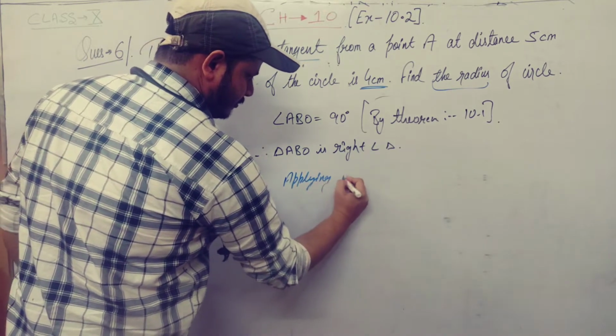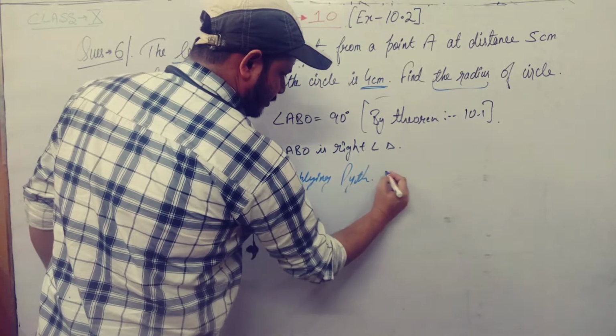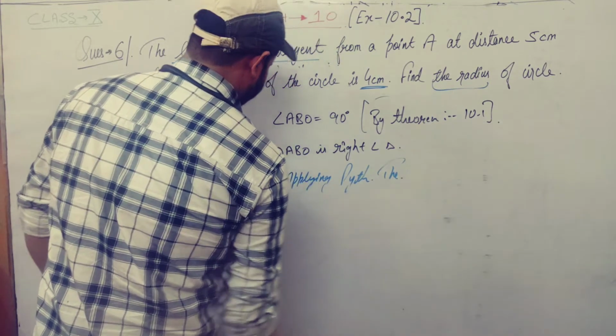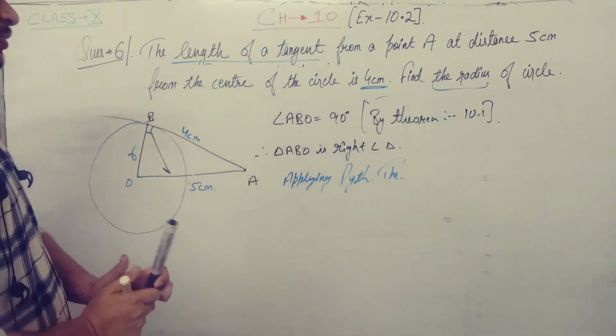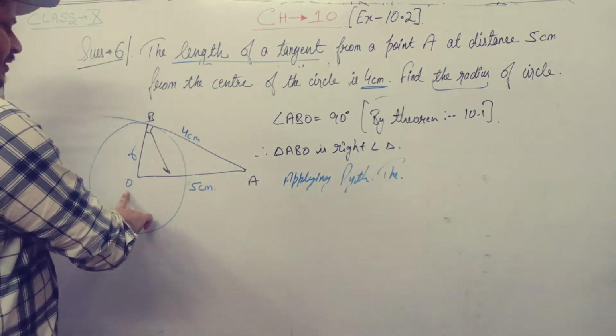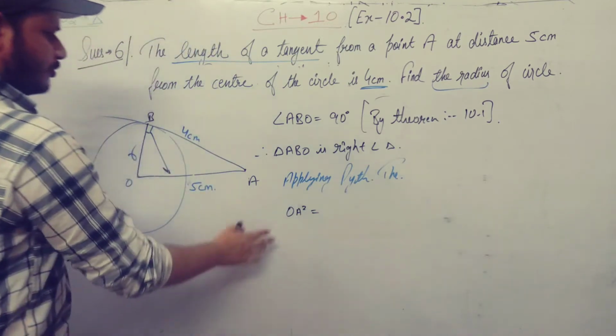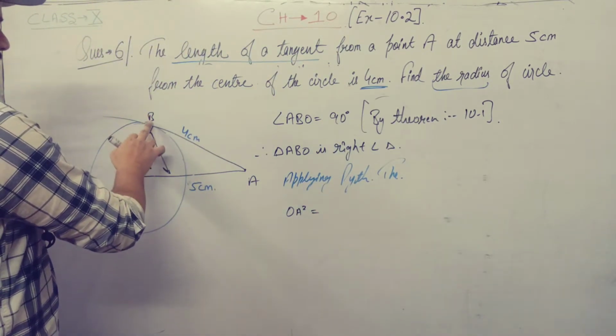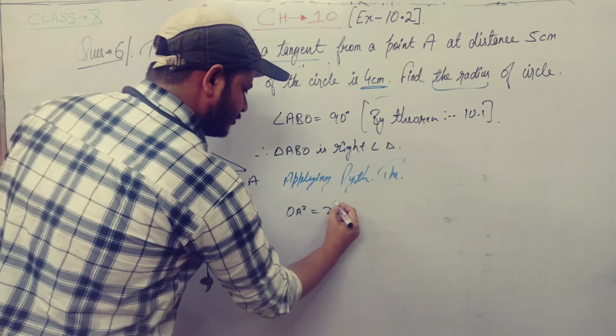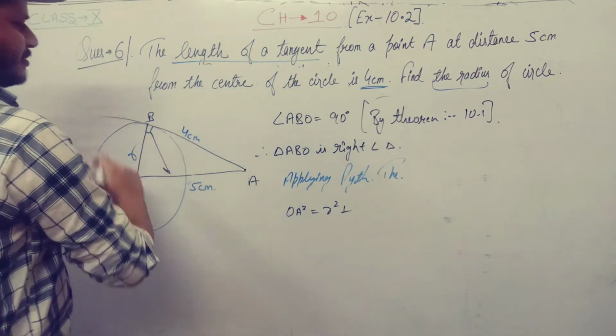Applying Pythagoras theorem. So according to Pythagoras theorem, hypotenuse square, that is OA square, is equal to perpendicular square, that is R square plus AB square.